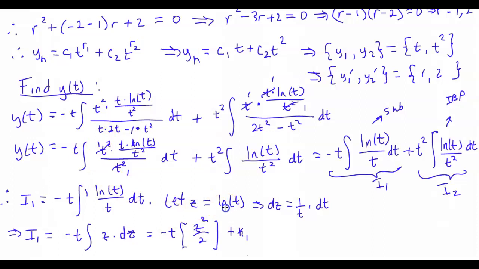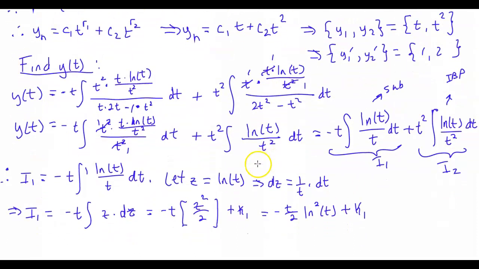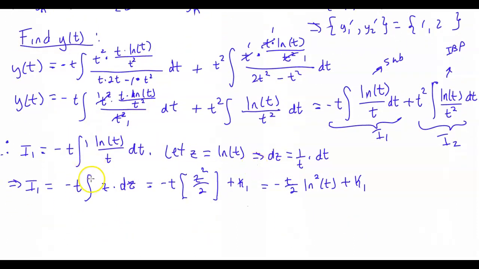Now, of course, z is natural log of t. So this is going to look like a negative t divided by 2 times natural log of t squared plus k1. So that's what our first integral will be.